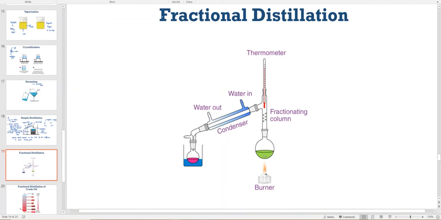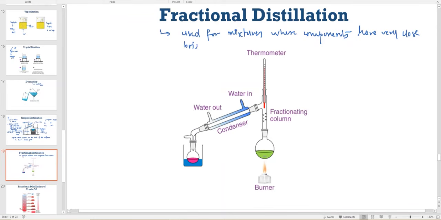Fractional distillation is particularly used for mixtures where components have very close boiling points. So that's where the function of the fractionating column comes into play.